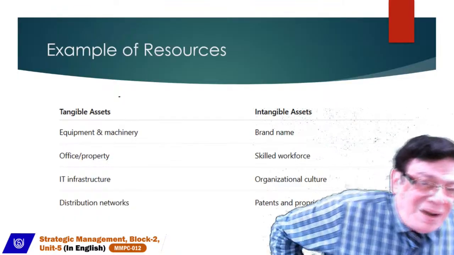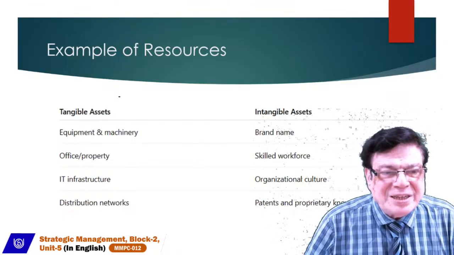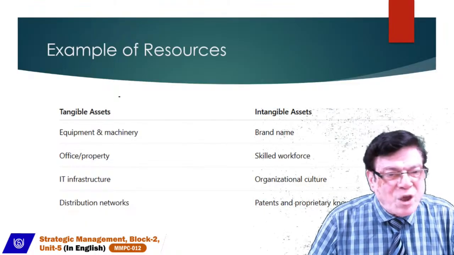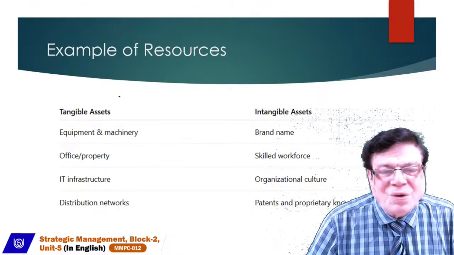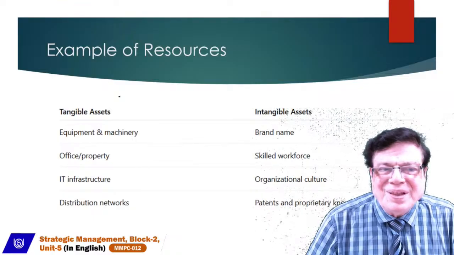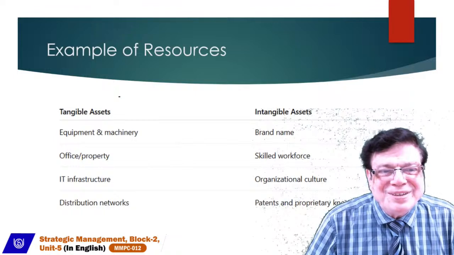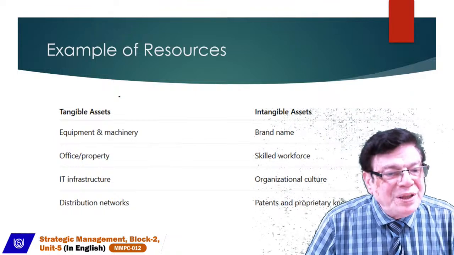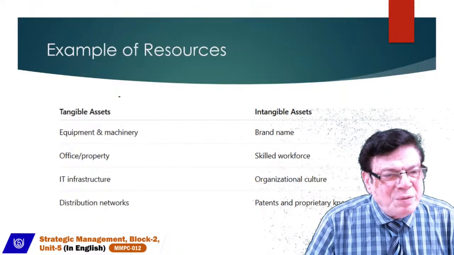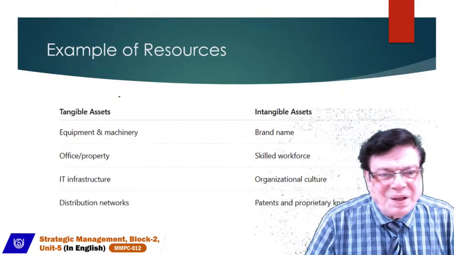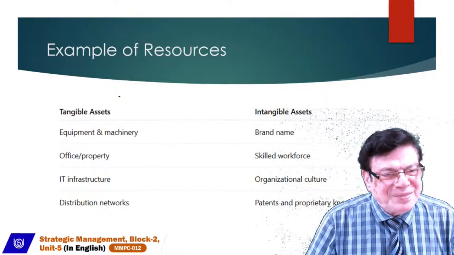Under tangible assets, equipment and machinery: all the machineries and equipment are our tangible assets. The moment we sell them, we get money. Then property: if the property is in the name of the company or firm, or office, that is also tangible.